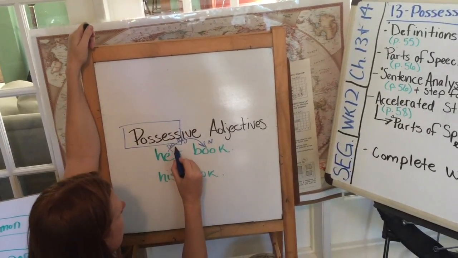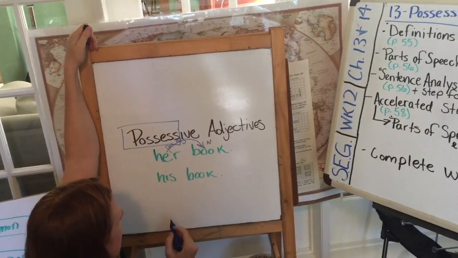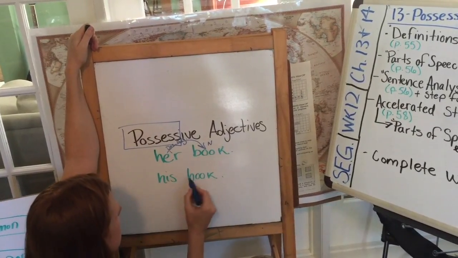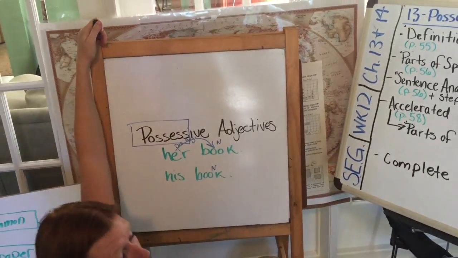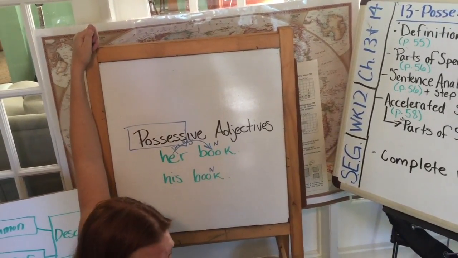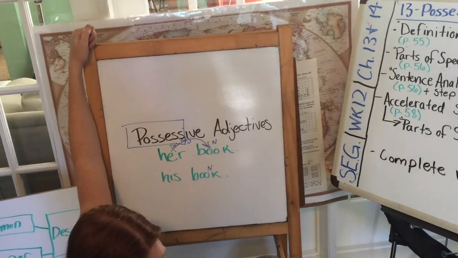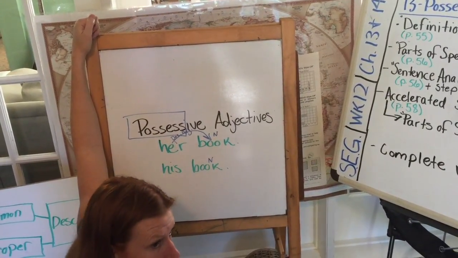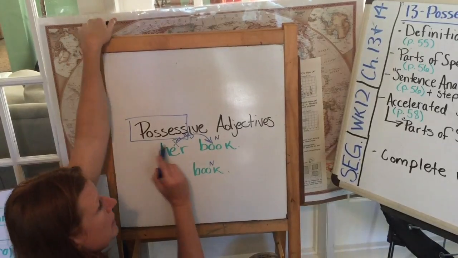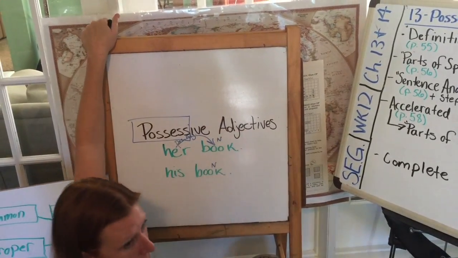So it's a POS ADJ. That's what we write on that arrow. His book. Write this down on your parts of speech tab. You have your adjectives page, and you're adding to your adjectives examples. You're making examples of possessive adjectives.